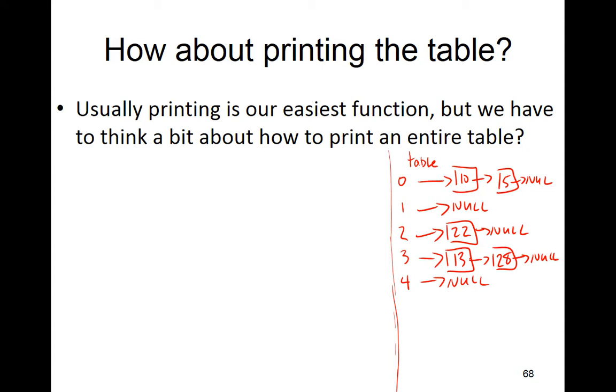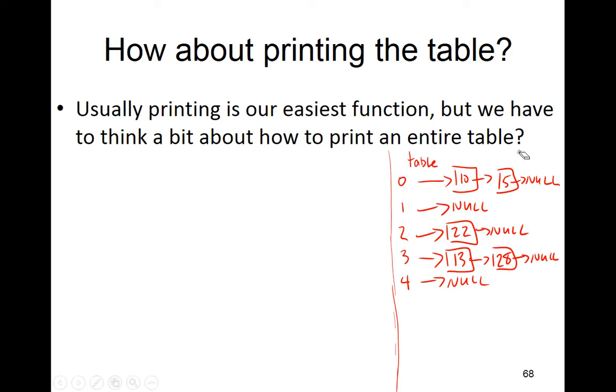If I'm describing this to someone who has no idea how to go about this, I might say, well, I would start at the first row, and I would print across that row until I got to the null. And when I reach the null of that row, I might come down to the next row. Something like that, right? And I would keep doing that until I got to the end.